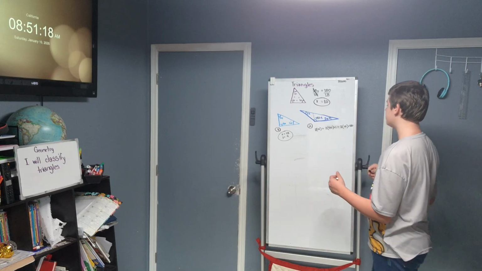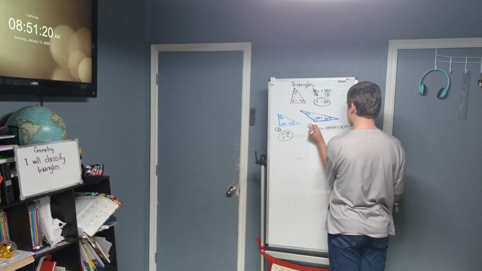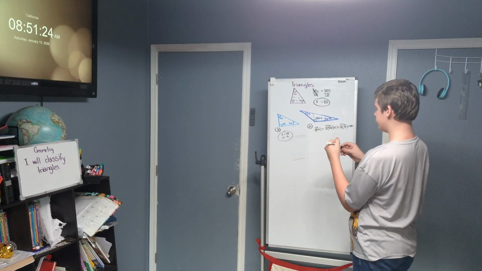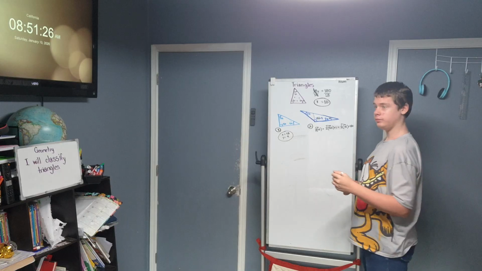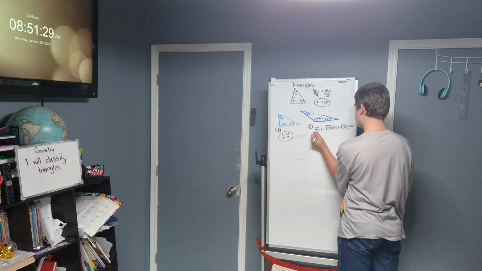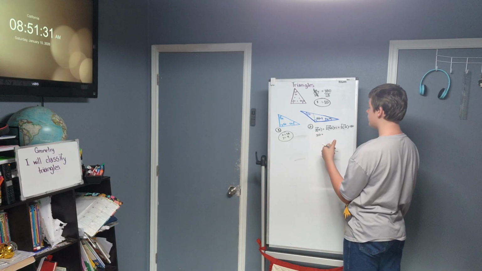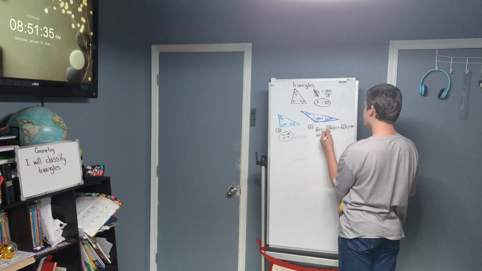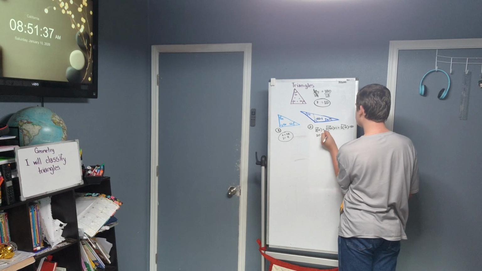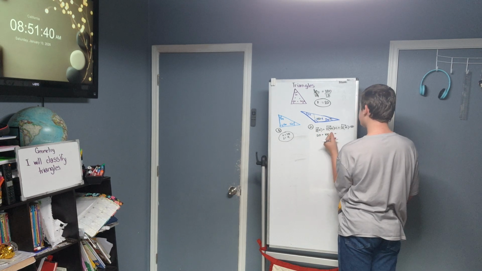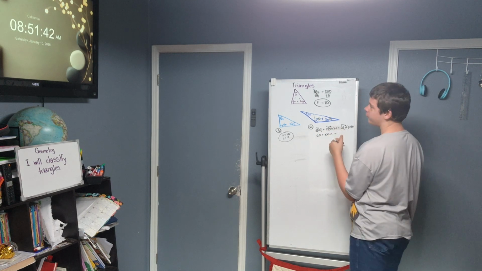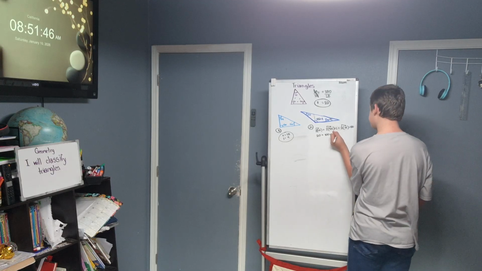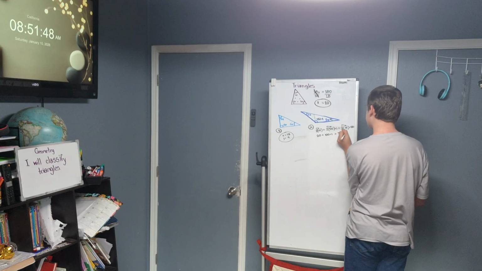Distribution property, correct. So we distribute from here. So it's 2 times 10 is 20. 2 times 50, 100. 100 plus 2 times 15, 30 equals 180.